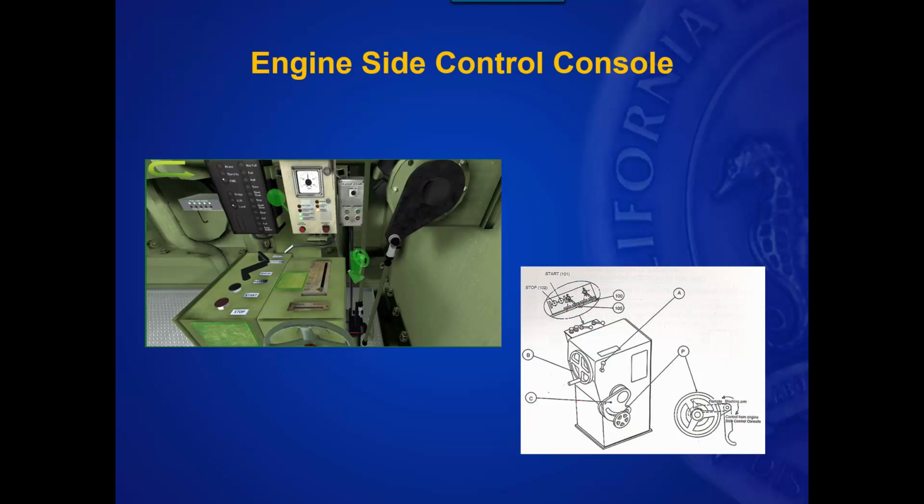That's the mechanical side, but on the pneumatic side, you also have a switch here on the local control stand. That pneumatic switch will switch the pneumatic controls from, in this case, they're listing it as emergency, to remote.